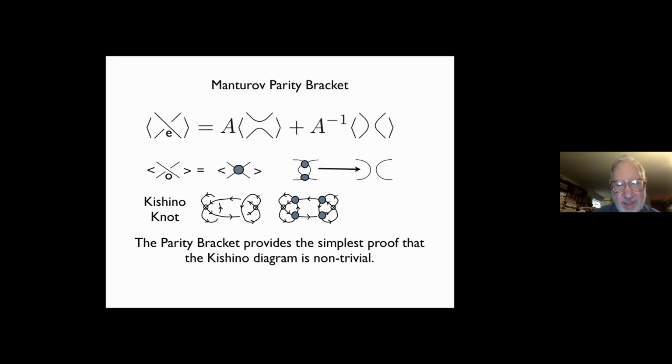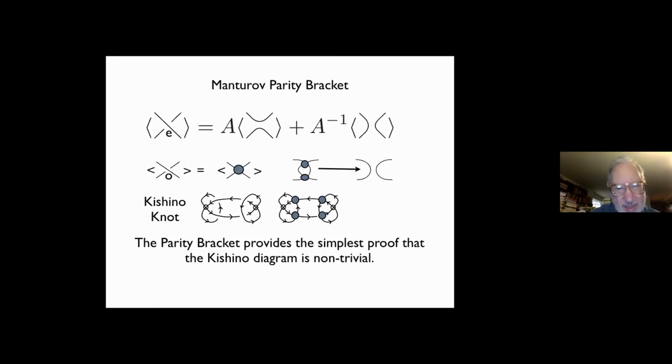And some knots are very quickly detected by using the parity bracket. For example, here is the Kishino knot. The Kishino knot is easily seen to have Jones polynomial equal to 1, but other invariants also vanish, such as the quandle and the fundamental group. And so it's a nice test case to see how to detect it.